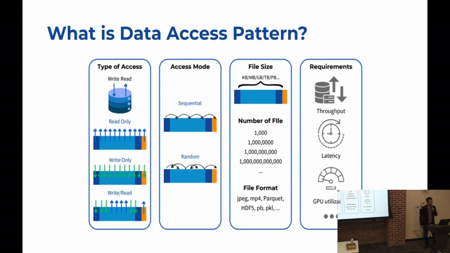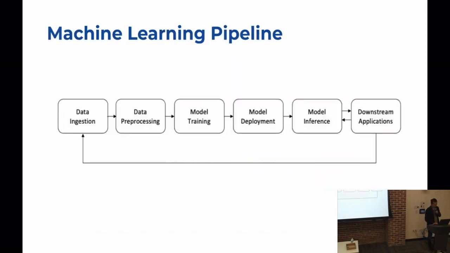So for different workloads, different customers may give their own requirements. So that's why we have Alluxio here. We want to design Alluxio to be more adaptive to all of these kinds of traffic patterns, the file size, and also the requirements.